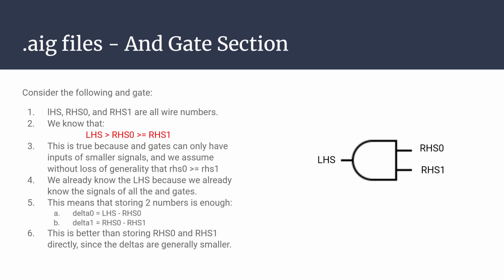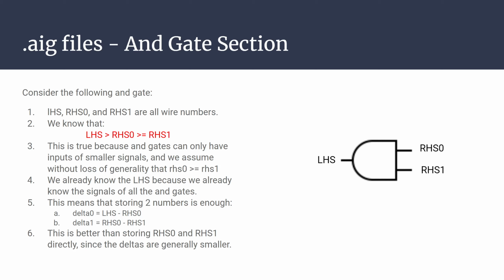Furthermore, we're going to assume that right-hand side 0 is greater or equal to right-hand side 1, and this is without loss of generality. One of them has to be greater or equal to the other, so for any file you want to write down, you just take the greater one and make that right-hand side 0.